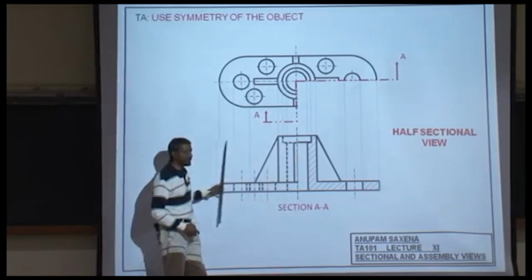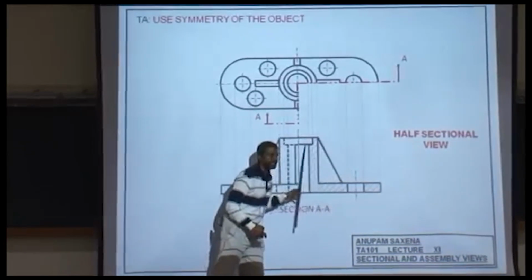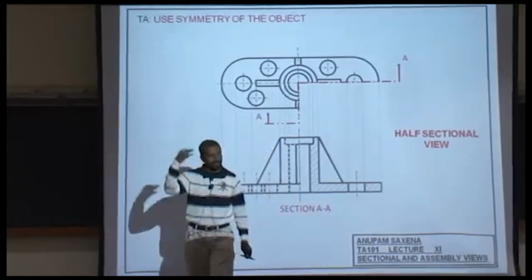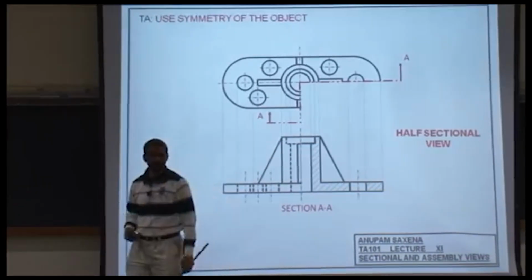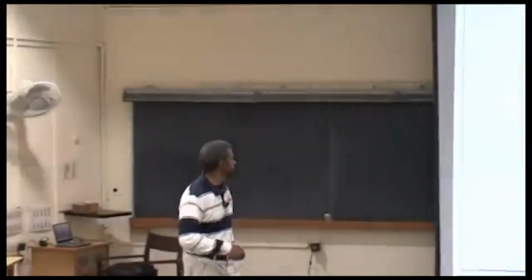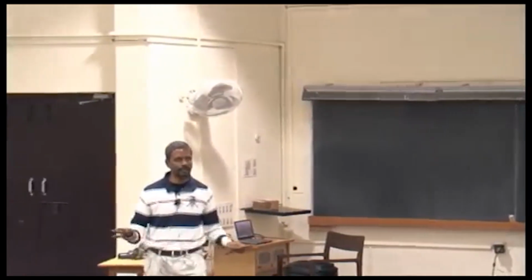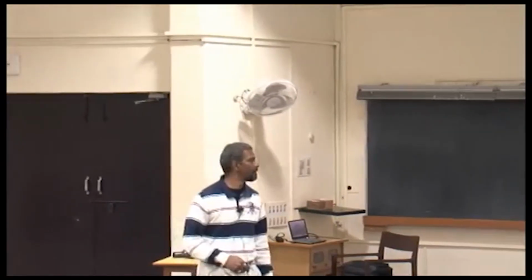This is where you depict the entire information. This is where you depict the information after you have sectioned the object, or the interior of the object. Your top view will always remain full.